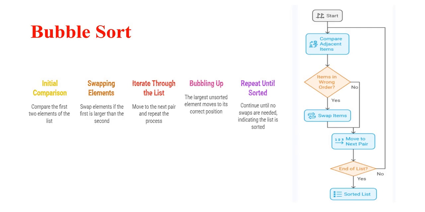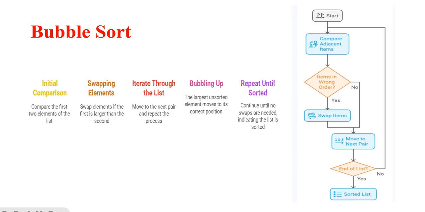Bubble sort is a sorting algorithm which operates by repeatedly stepping through a list of elements, and it compares the adjacent elements. If they are in the wrong order, it swaps the elements and moves to the next pair. If they are in the correct order, it moves to the next pair.